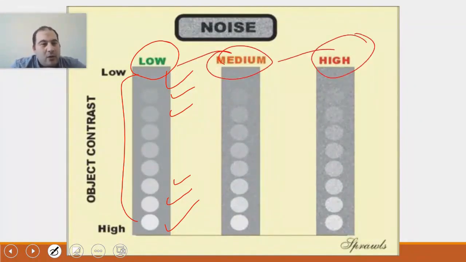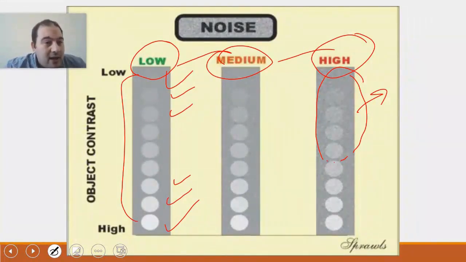However, when the noise increases from medium to high, you will find that those most affected are the low physical density objects. Consequently, this decreases the contrast of low density objects. So, an increase in noise makes the low density objects less visible, for example, if you come to scan something.